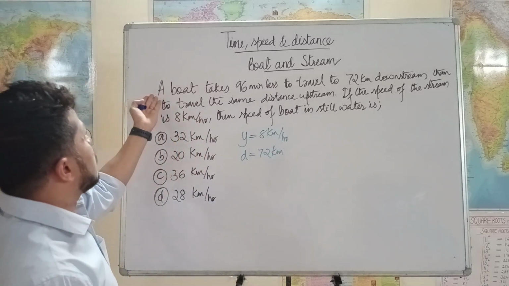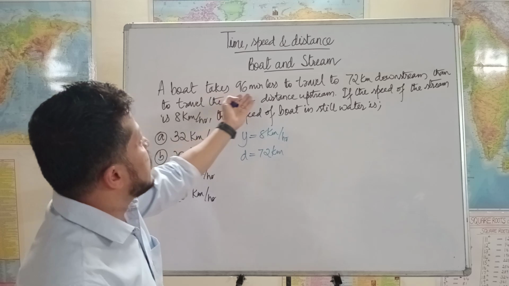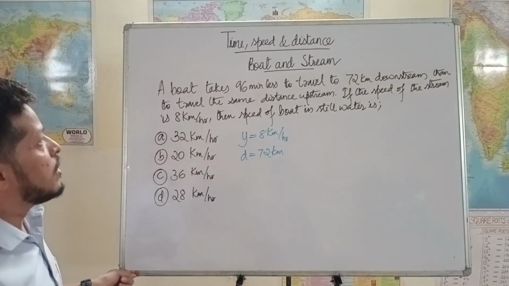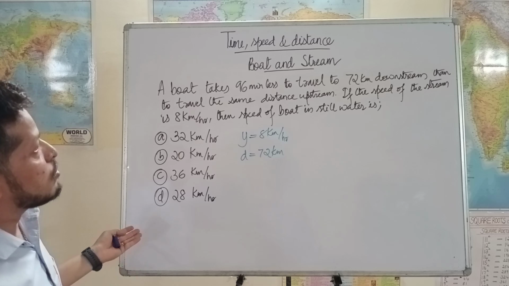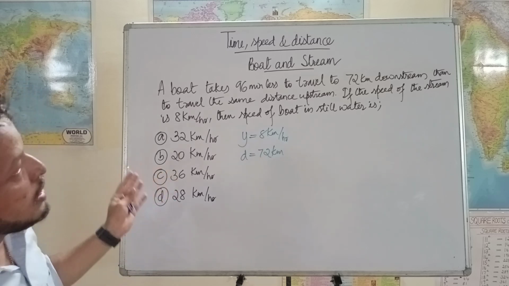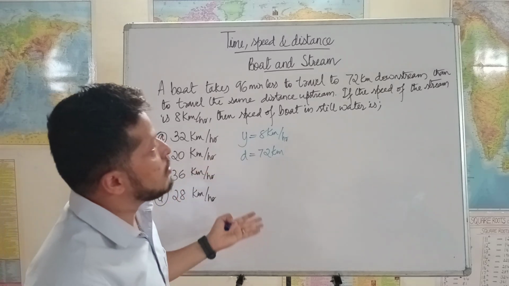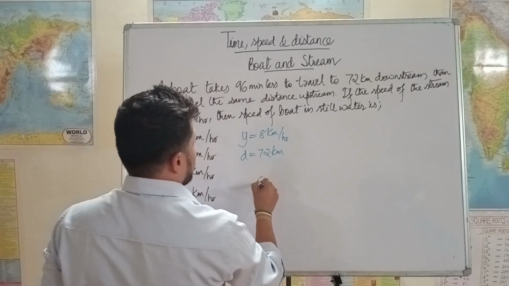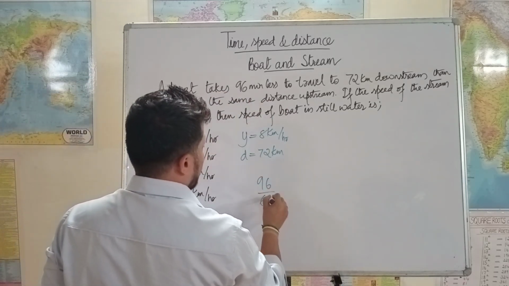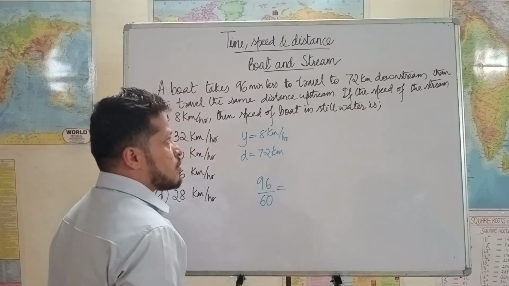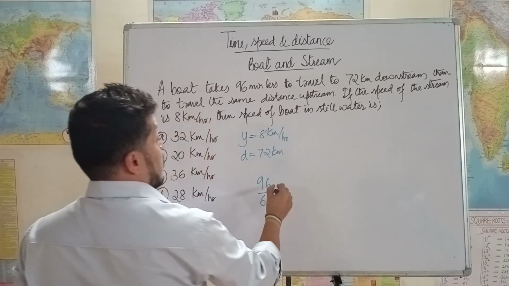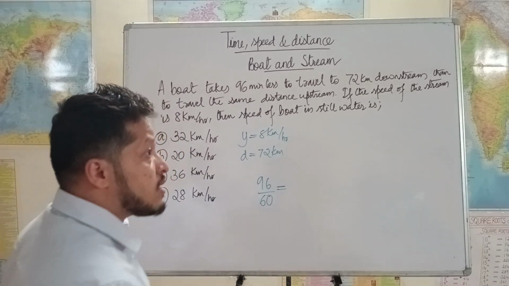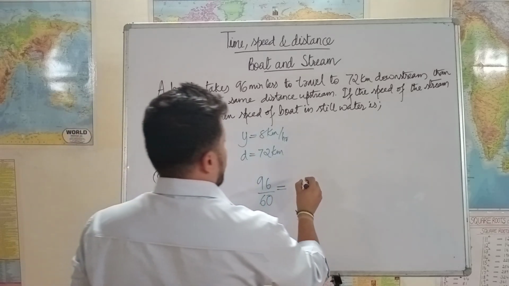Distance d is equal to 72 kilometers. And now it says a boat takes 96 minutes less. That means the difference between the time taken to travel upstream and the downstream is 96 minutes. So this 96 minutes I can write as 96 by 60. It is the time taken to travel upstream minus the time taken to travel downstream.